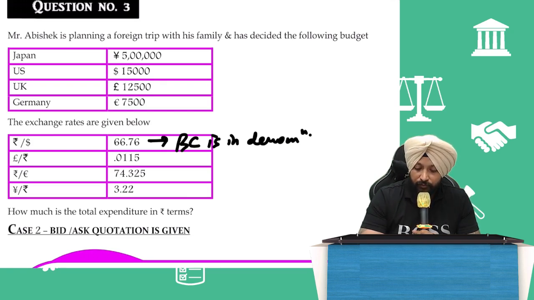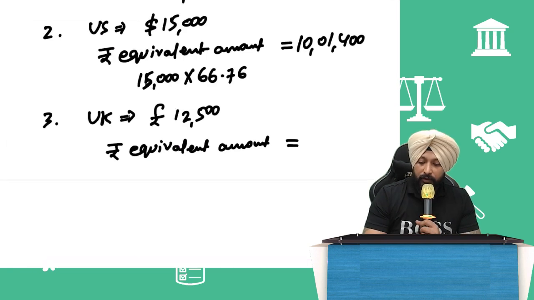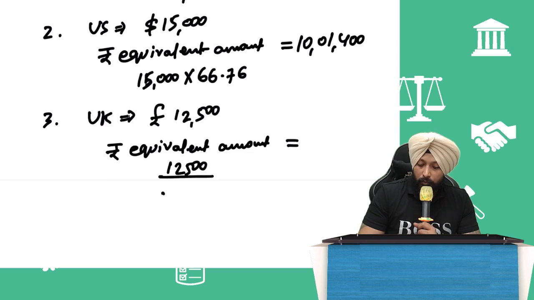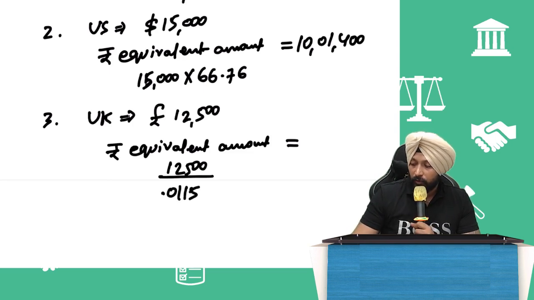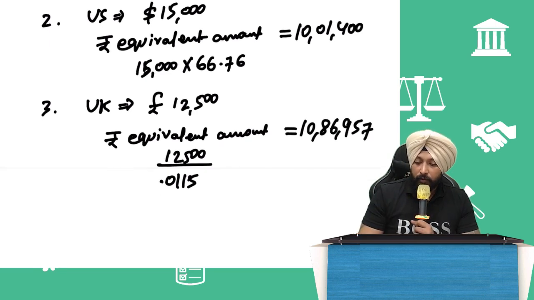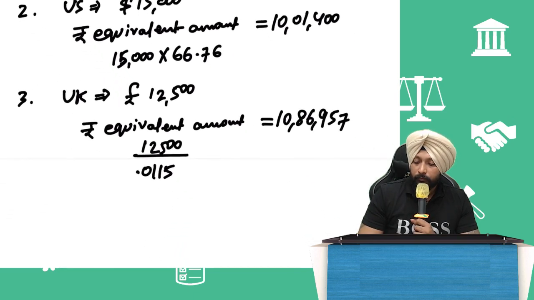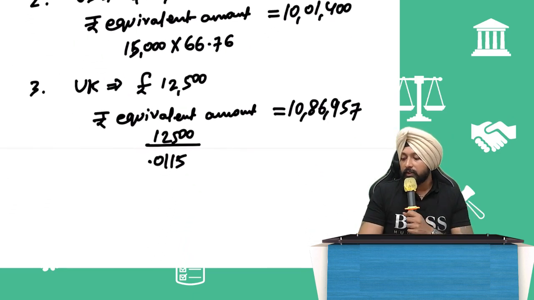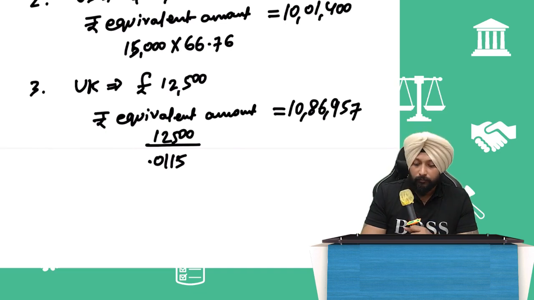Divide. 12,500 divided by 0.0115. That is 10 lakhs 86,957. I am taking it. Okay, 1,086,957.